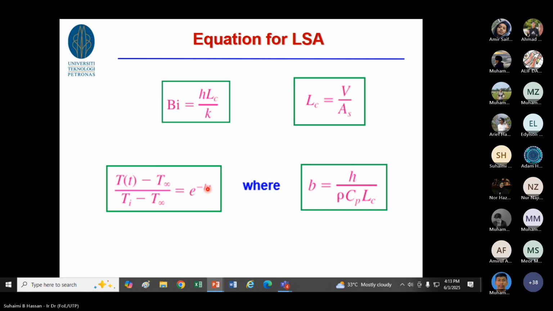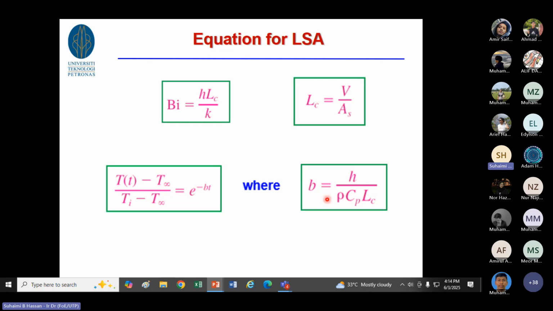All right, B is here. B is a constant. You can put A, B, C, D, E, F, G. B is a constant equal to h, the heat transfer coefficient, over density, specific heat, and characteristic length.